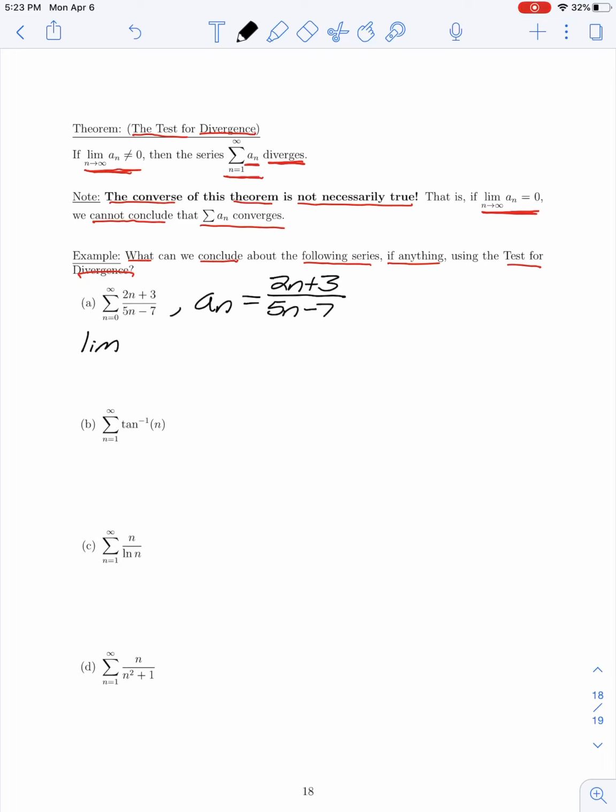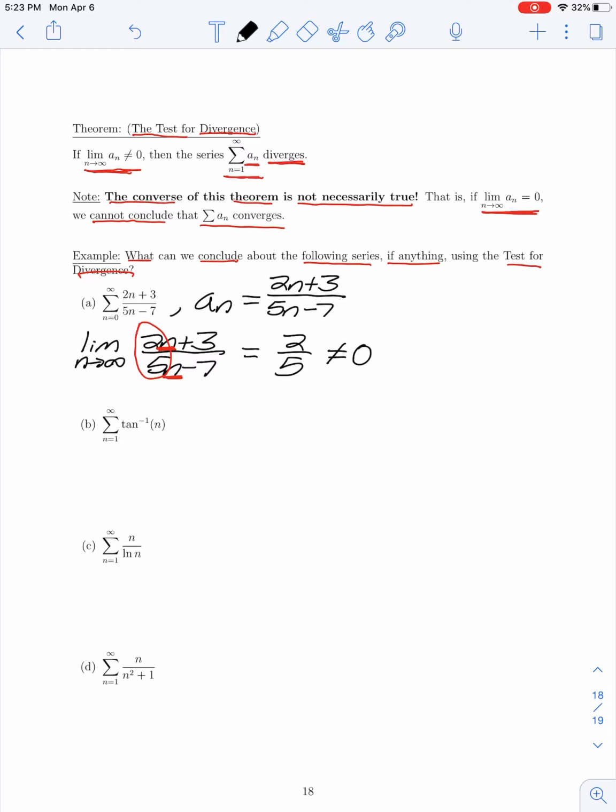If we look at the limit of this term, a sub n, as n becomes large, we're looking at the infinite limit of a rational function where we have the same highest power of n on top and bottom. That means that the limiting value would be given by the ratio of those lead coefficients for the highest powers, in this case 2/5, which is a number other than 0.